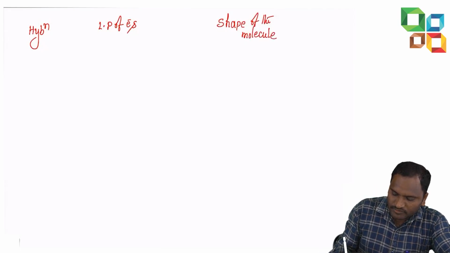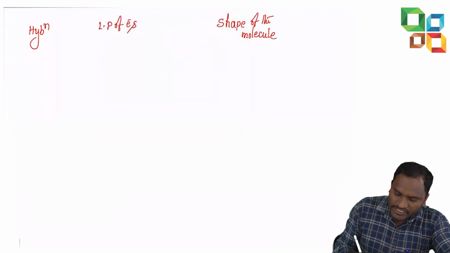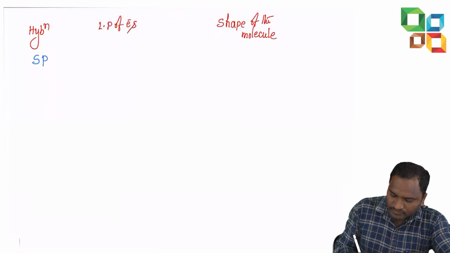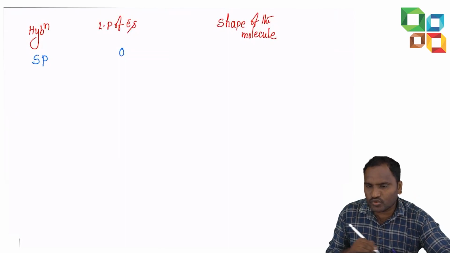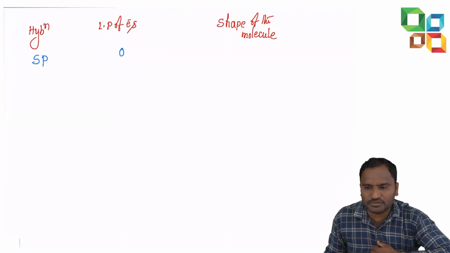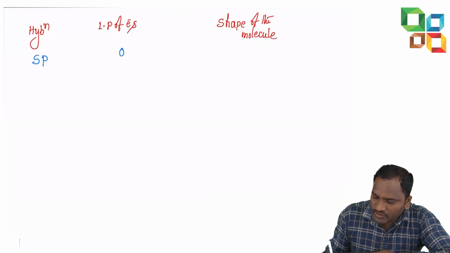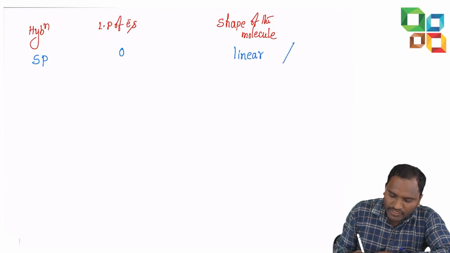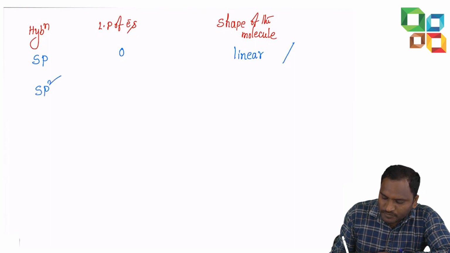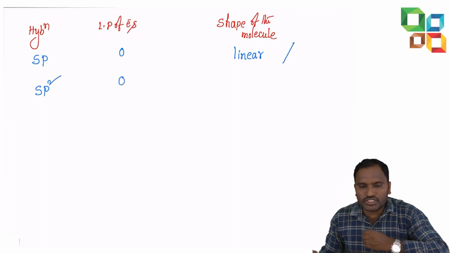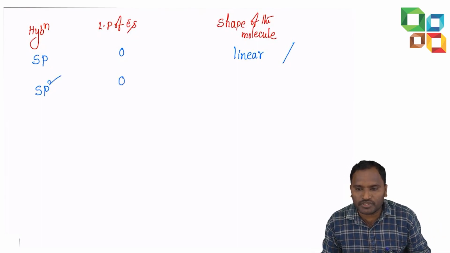See here, first I am taking sp hybridization. For sp hybridization, no lone pairs; it's not possible, we won't get lone pairs. The shape of the molecule is linear, that we already discussed. Next, sp2 hybridization with zero lone pairs.